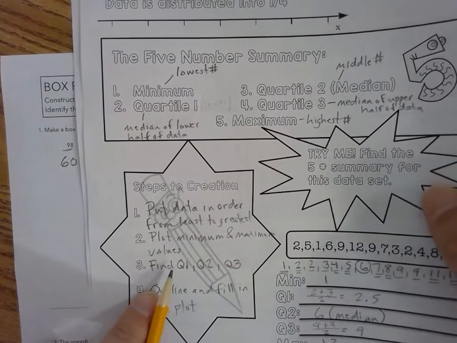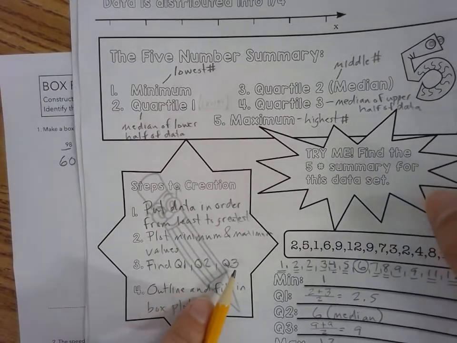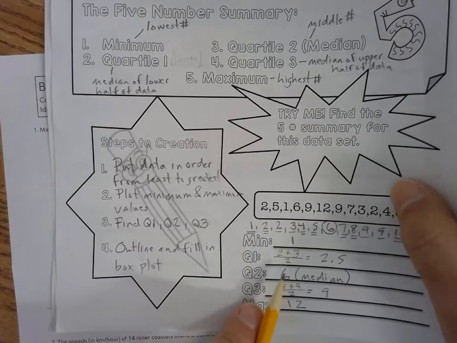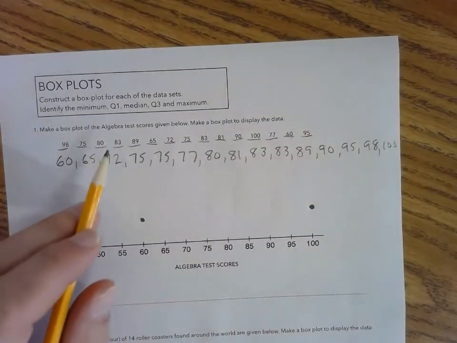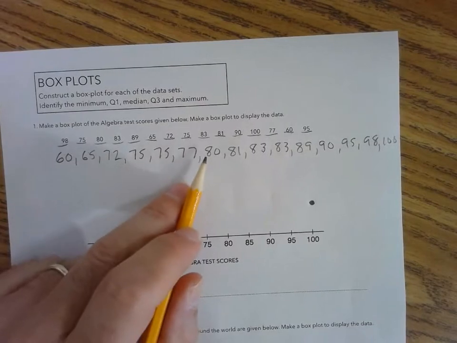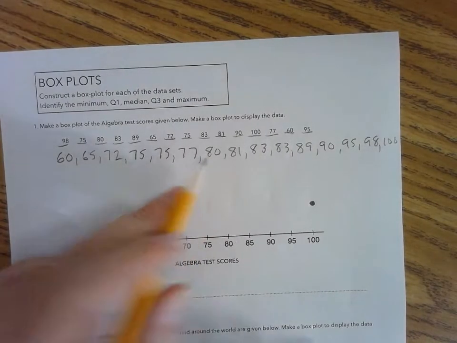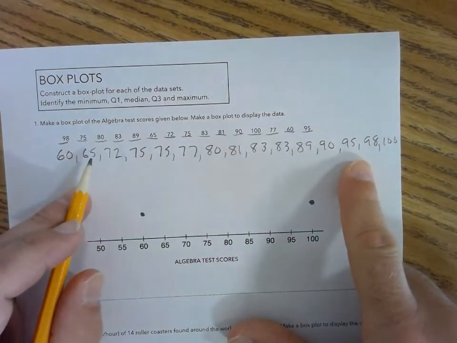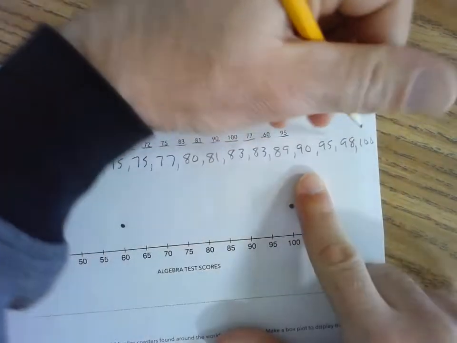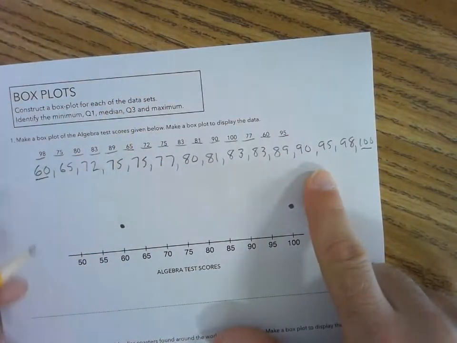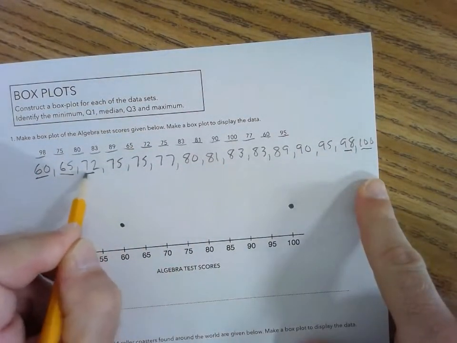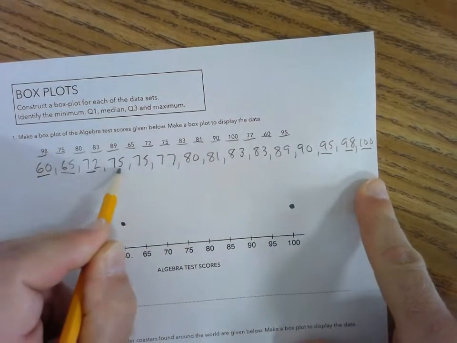Find the quartile 1, quartile 2, and quartile 3. Now, the quartile 2 is your median. So the best way to do this here, guys, you want to find quartile 2, which is your median, but you want to look at all this data and find your median here. So just start going from side to side like I showed you before, and you're going to keep narrowing in until you find the middle.